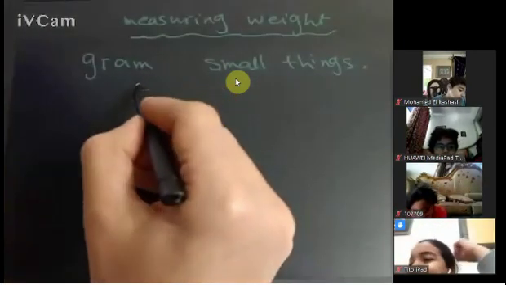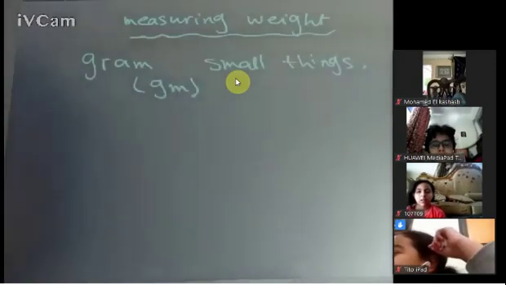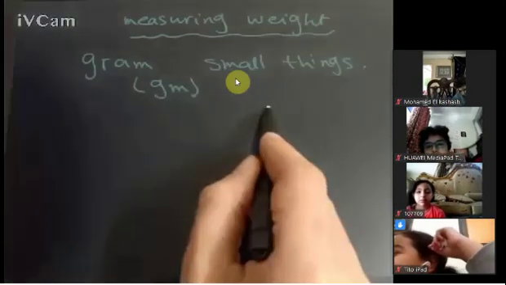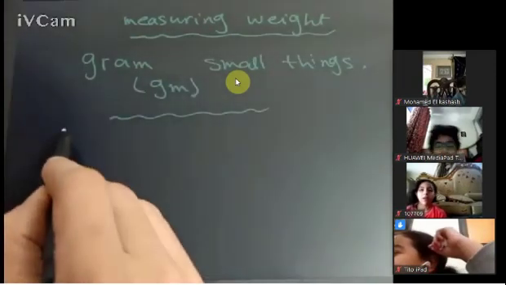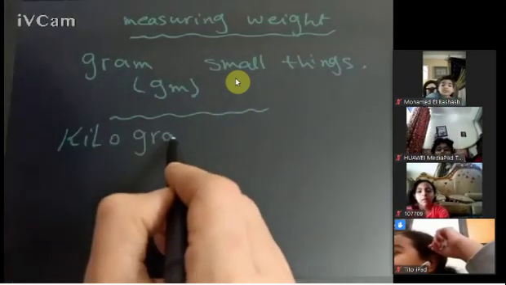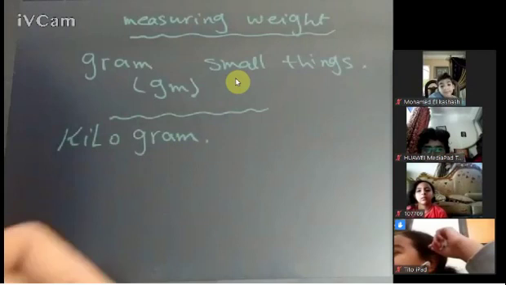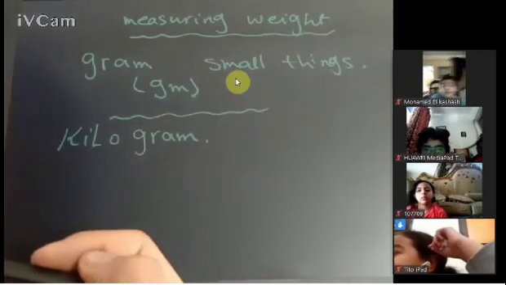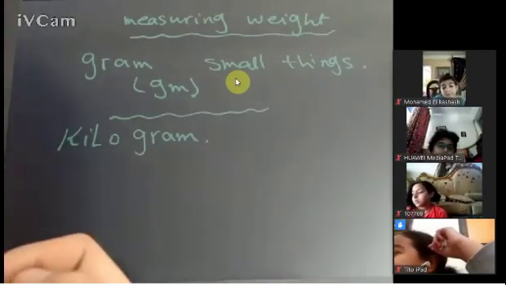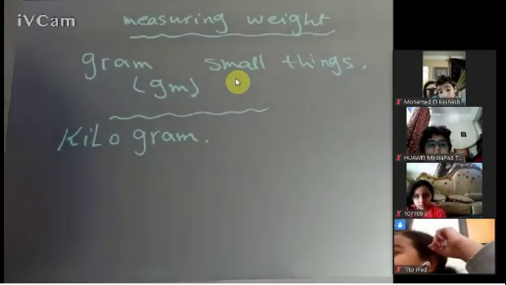And we can write it like GM. And the other unit is kilogram. The kilogram is for the greater things like food. When we go to buy some food, vegetables or fruits, we can say to the man we buy from, give me 1 kilogram of potatoes or 1 kilogram of cucumber.